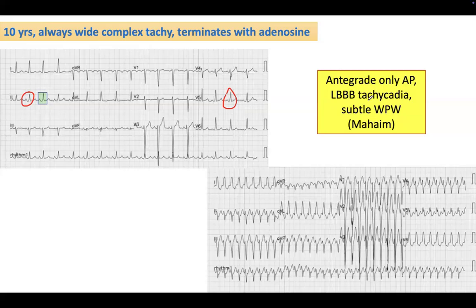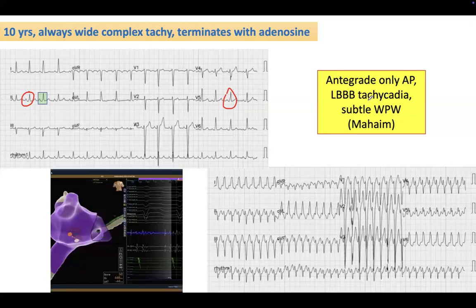This patient was indeed one of them. He underwent EP study, and there was always wide complex tachycardia because the circuit goes down the accessory pathway, up the AV node. This accessory pathway cannot conduct V to A, only conducts A to V, so any tachycardia from it will always be wide complex.